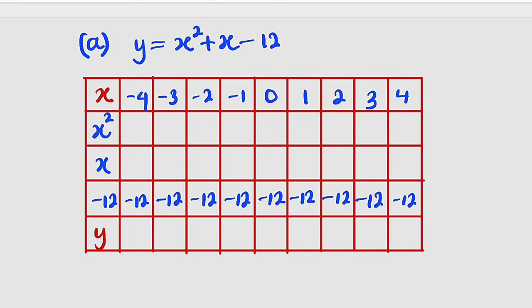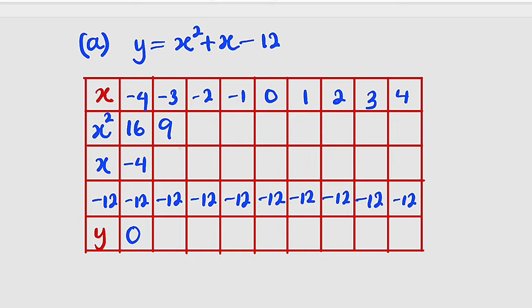So what happens if x is -4? -4 squared will give us 16, right? Then x is already -4, so we have -4 here. So to find the value of y, all you have to do is to compute for these 3 terms. 16 minus 4 will give us 12, and 12 minus 12 will give us 0, right? Then you move to the second one when x is -3. -3 squared is 9.